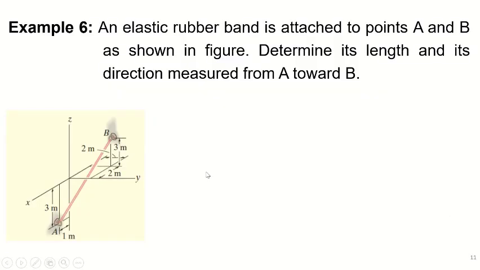Okay, now let's see some examples to get familiarized with the concepts that we have learned about unit vectors and position vectors, right? In this example, it says that an elastic rubber band is attached to points A and B, as shown in this figure, right?